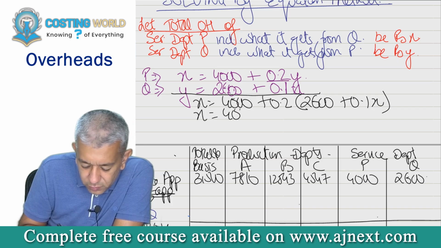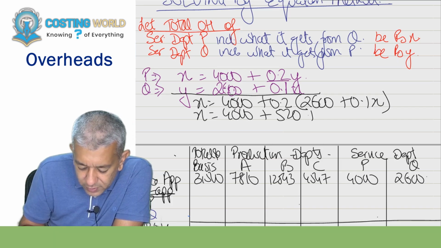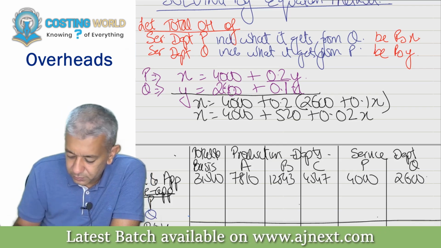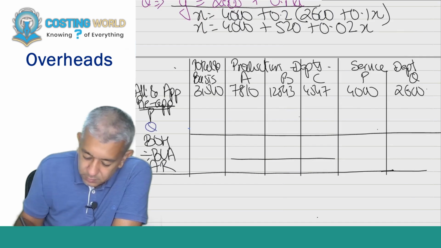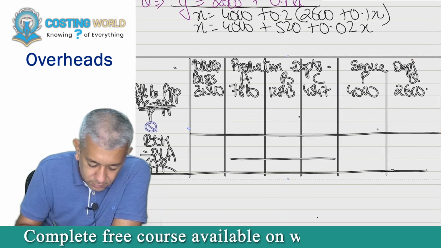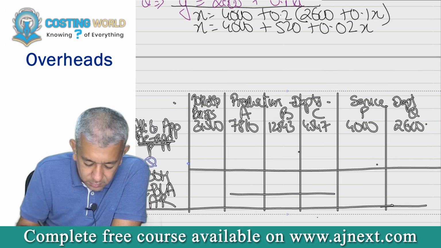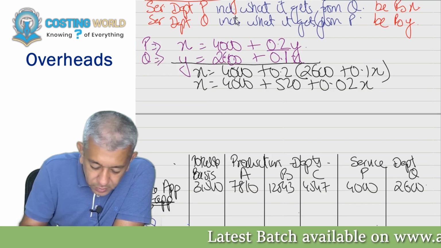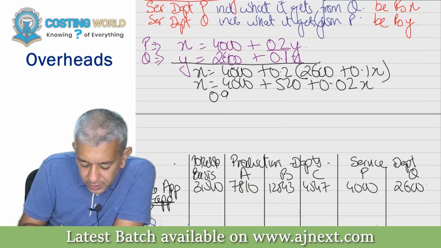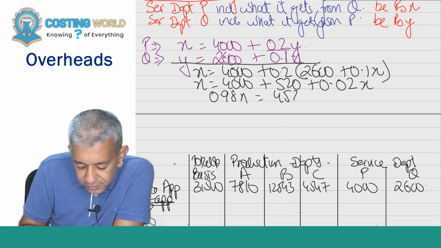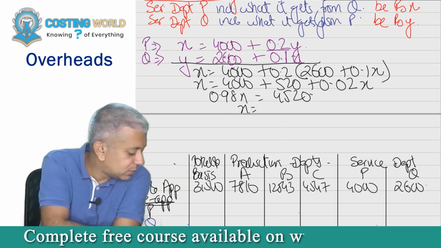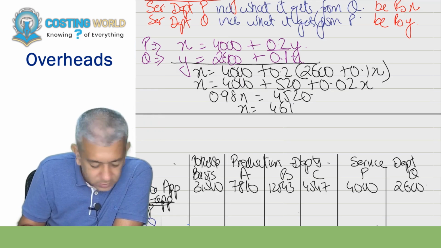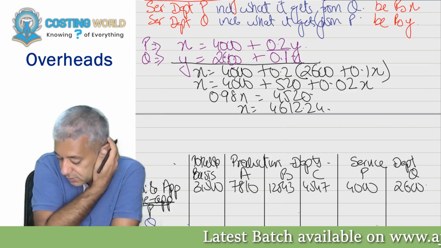So x is equal to 4000 plus 520 plus 0.02x. So 0.02 goes there, 0.98x is equal to 4520. x is equal to 4520 divided by 0.98, 4612.24. Take up to 2 decimals.